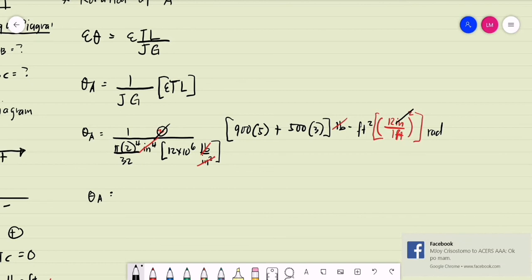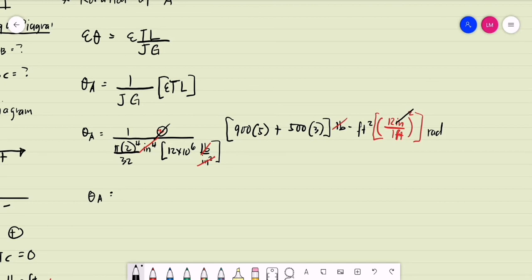So we have the angle of twist, that is 900 multiplied by 5 plus 500 multiplied by 3, multiplied by 12 inches squared, divided by the polar moment of inertia, that is pi times 2 raised to 4, divided by 32, then divided by the modulus of rigidity, that is 12 times 10 raised to 6.